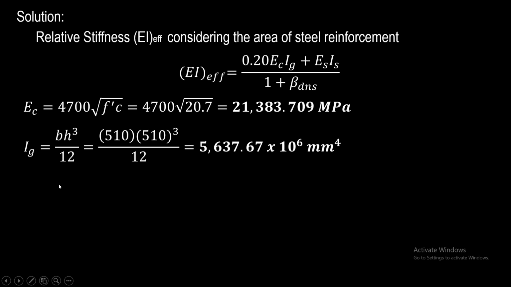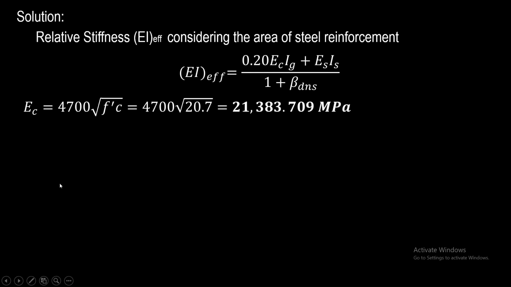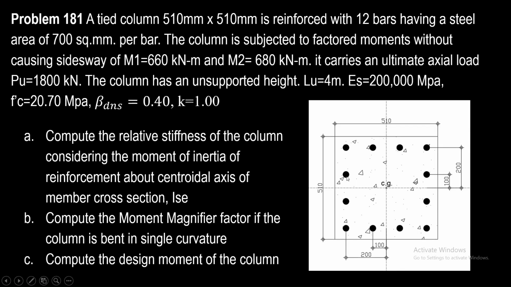So the value of 8 came to this equation. We have 1, 2, 3, 4, 5, 6, 7, 8 pieces of 700 square millimeter each bar, and we're going to take the moment about the center of gravity.